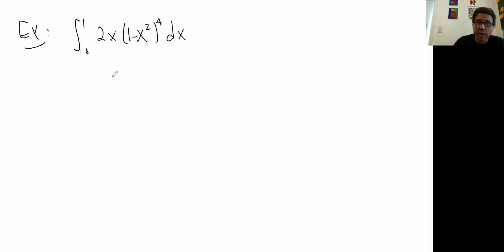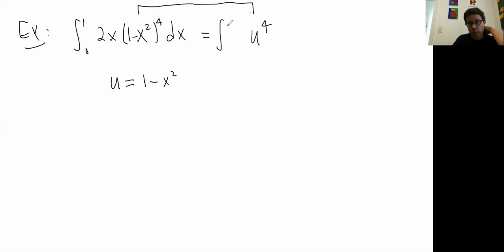If I did try to do a substitution, then I'm looking for things where the derivative is also in there, or at least up to some multiple that I can deal with. So in this case, if I let u equal 1 minus x squared, then at least this part is u to the 4th. So that part converts over. Unfortunately, I also have to do du, which is minus 2x dx.